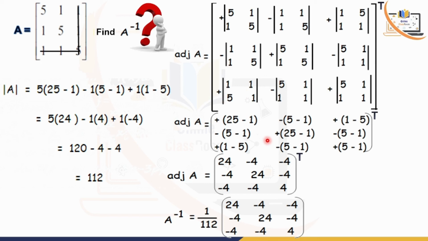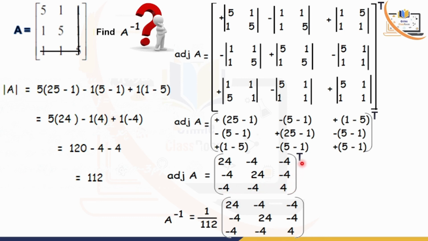Similarly, we can easily calculate this column and also this column. After evaluation we get the matrix as 24 minus 4 minus 4, that is the first row, minus 4 24 minus 4, the second row, and minus 4 minus 4 4, the third row.